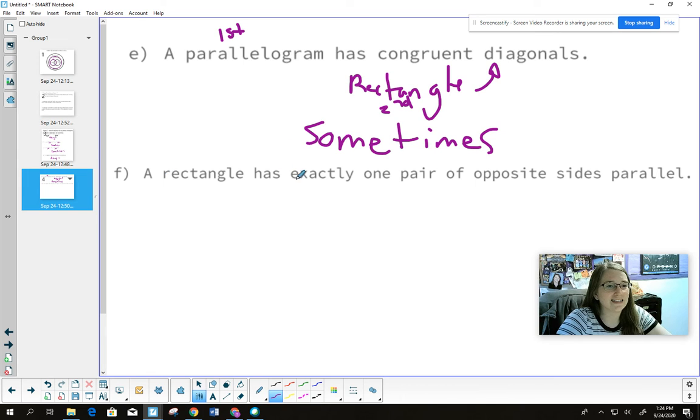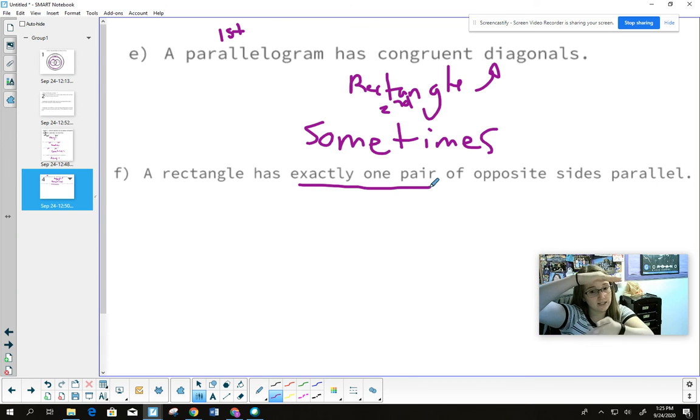A rectangle has exactly one pair of opposite sides parallel. Now to start with, exactly one pair means that we don't have both opposite pairs parallel. This means it's not a parallelogram. A parallelogram has to have opposite sides parallel, both pairs.